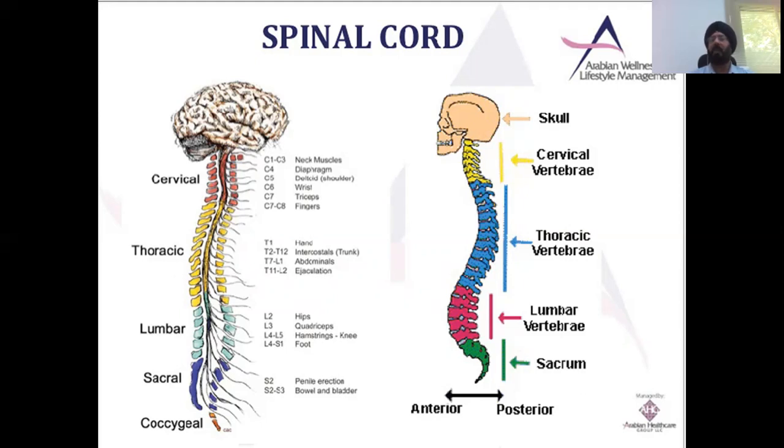In the same way we are talking about the spinal nerves: 8 pairs of cervical nerves, which are in the cervical region; 12 pairs of thoracic nerves, which are in the region of the thoracic chest cavity; 5 pairs of lumbar nerves; 5 pairs of sacral nerves; and 1 coccygeal nerve.